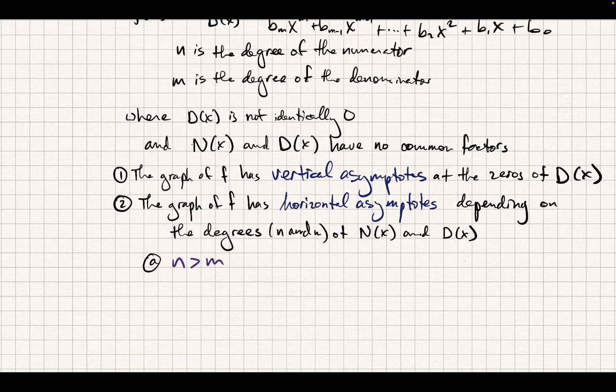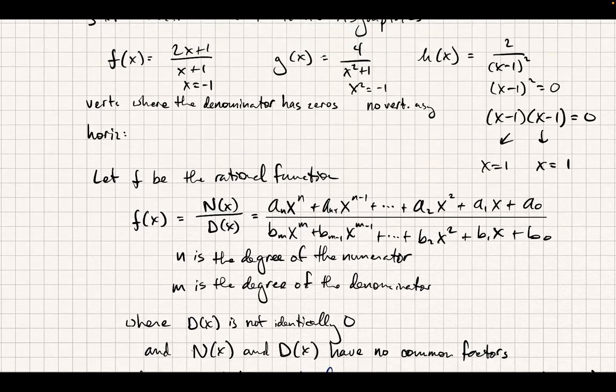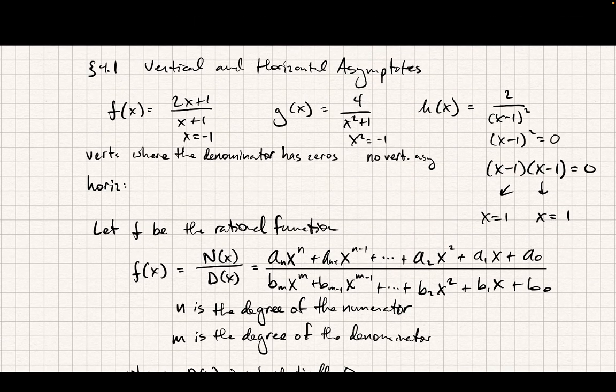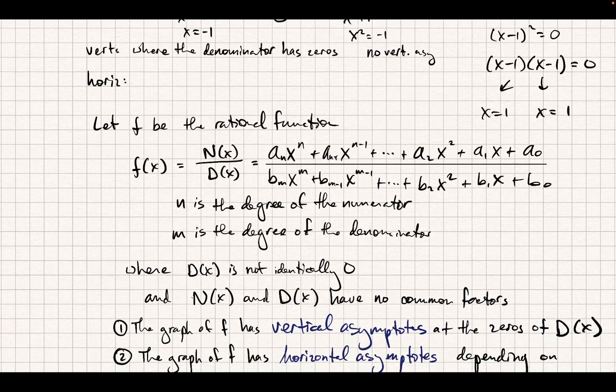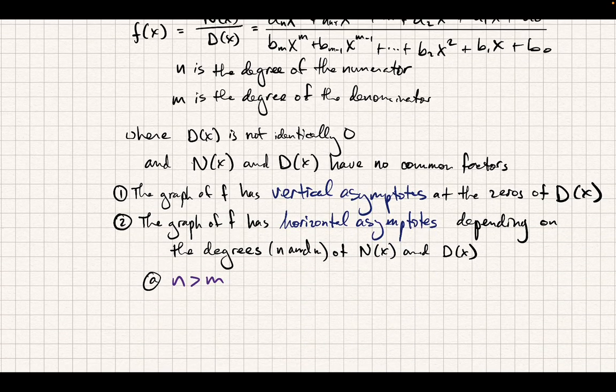There are these rules, but they kind of make sense. Did we have any polynomials where the degree of the numerator was greater than the denominator? No, we didn't. So when n is greater than m, the horizontal asymptote doesn't exist.